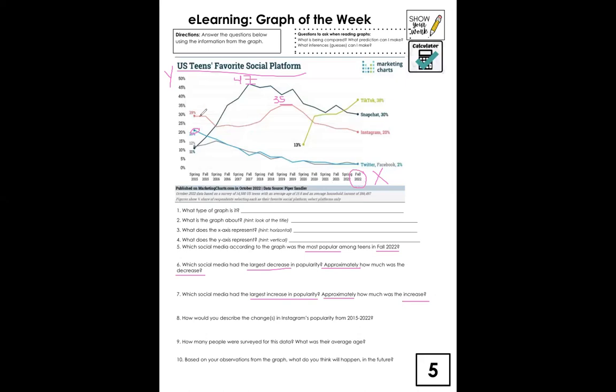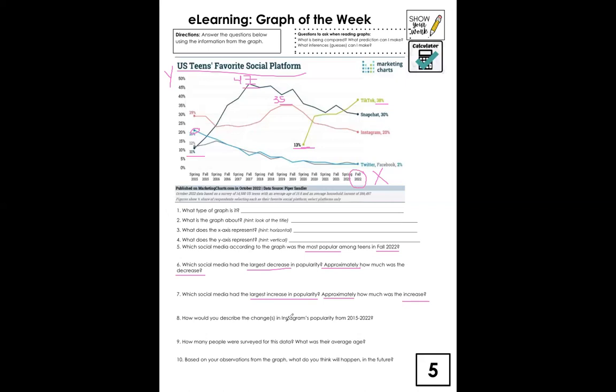It looks like Instagram had a small increase, but maybe not that much. So it's really looking at TikTok, which it looks like went from 13% to 38%, and Snapchat, which went from 11% to 47%. Now we need to decide, are we looking over the course of the graph or are we only looking at the most recent? You get to decide how you answer that question.